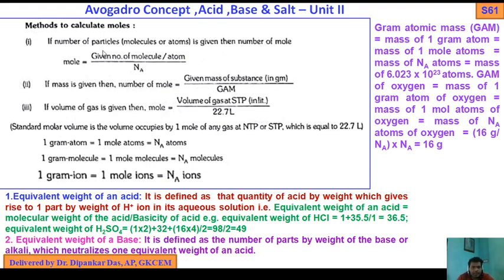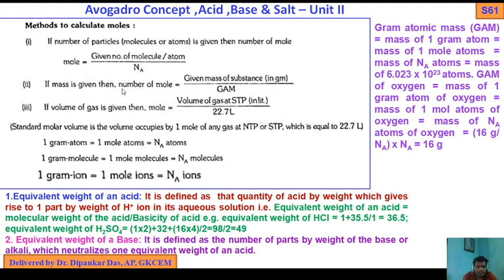Number 1: if the number of particles (molecules, atoms or ions) is given, then you can determine the number of moles equals the given number of molecules or atoms divided by Avogadro number. So from this you get the number of moles.